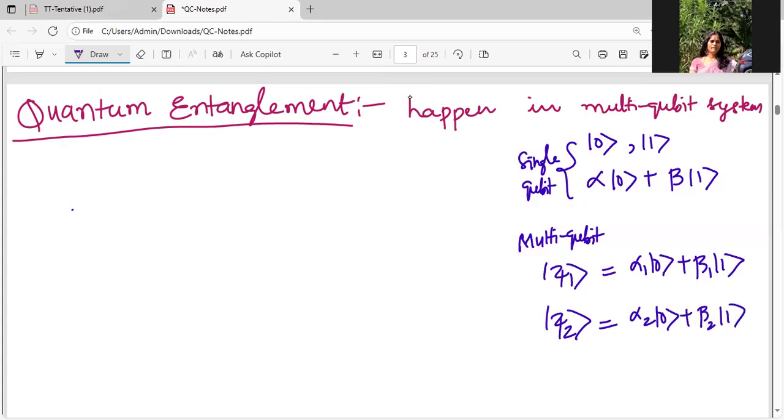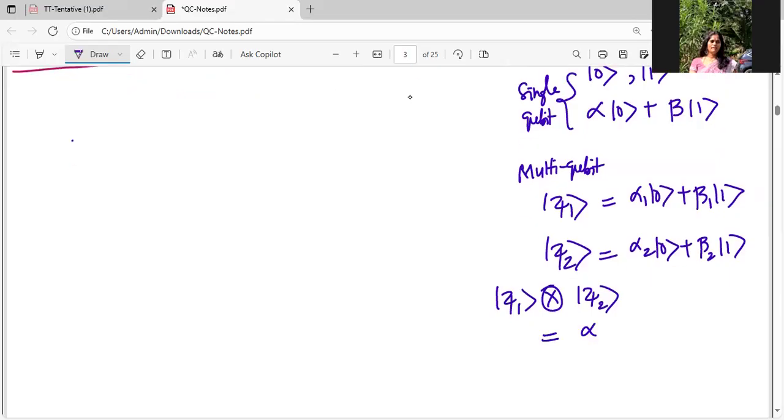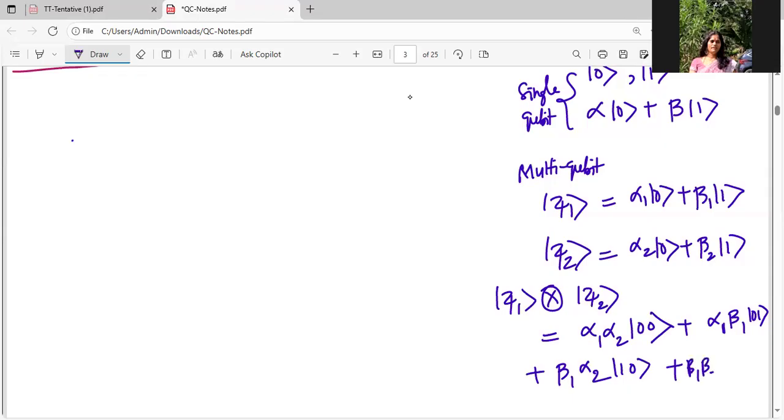If I take the tensor product of these two kets, denoted by this symbol, it gives rise to a multi-qubit system: alpha 1 alpha 2 ket 00, which I write in shorthand notation, plus alpha 1 beta 2 ket 01, plus beta 1 alpha 2 ket 10, plus beta 1 beta 2 ket 11. Now this is a 2-qubit system.